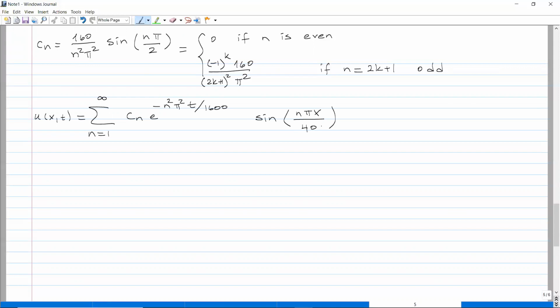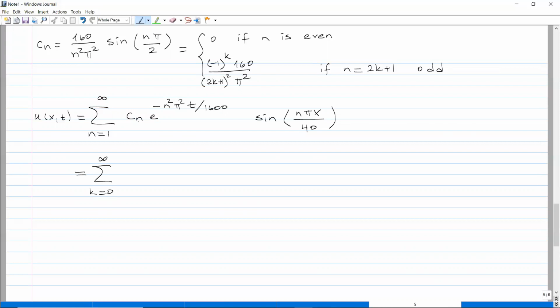In the sum, when n is even, the coefficient is going to be 0. So there is going to be no term coming from even n. So only for odd n, and n depends on k, we can write the sum on k. K starts from 0 to infinity because n starts from 1. So k starts from 0.